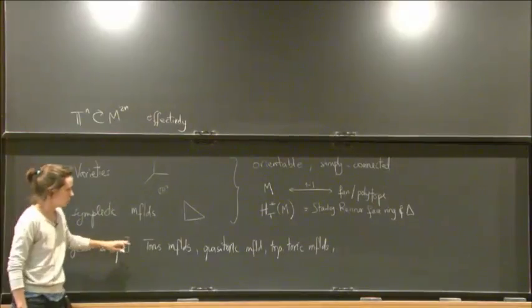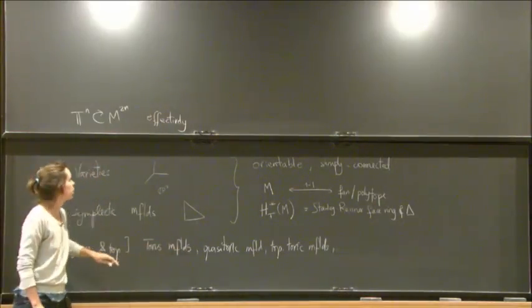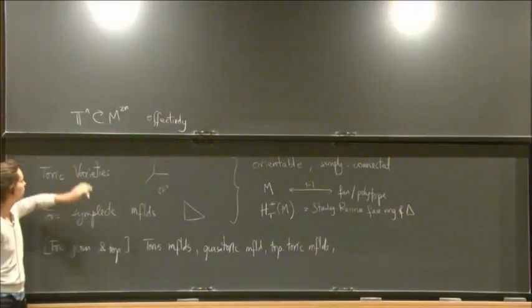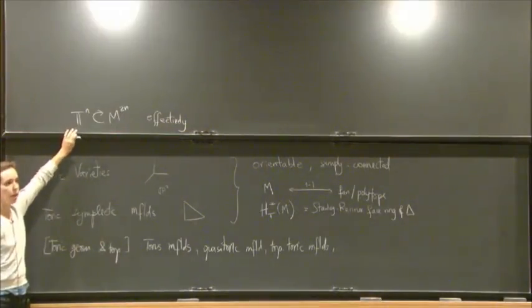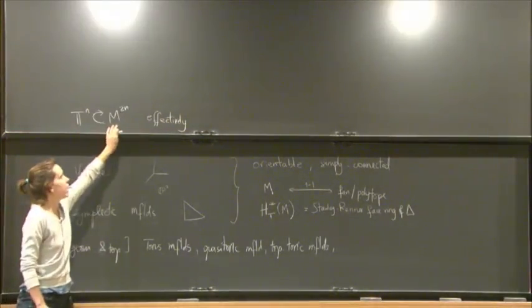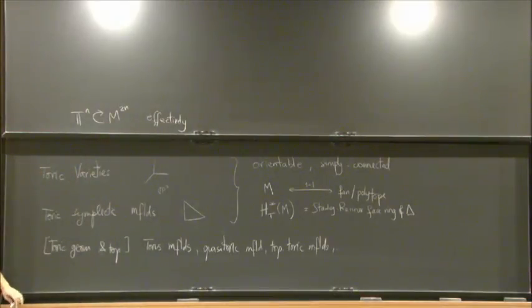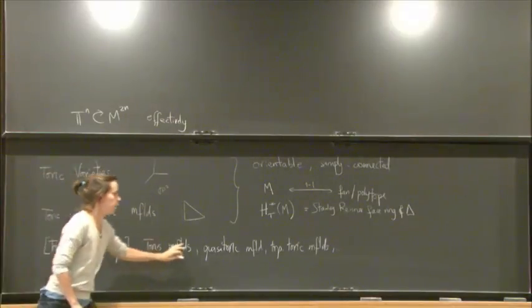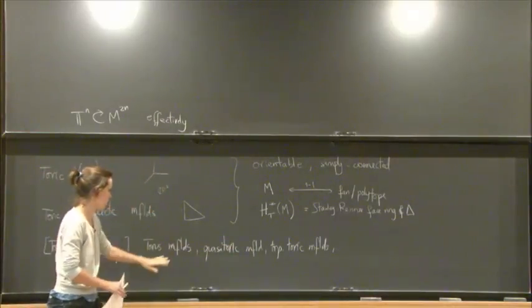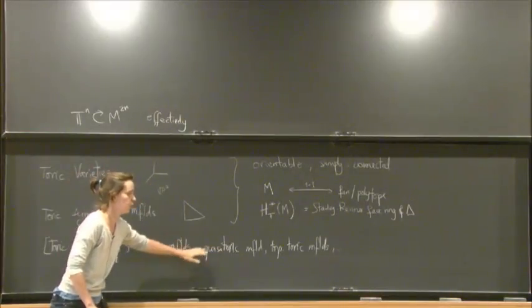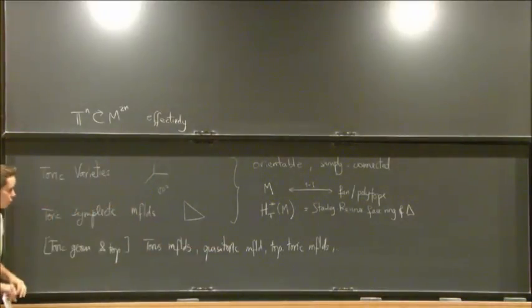And they're all slightly different from each other, but the idea behind it is that you always want to have a torus of half the dimension acting smoothly and effectively on a manifold. And then, right, there are some different flavors, and so these are actually all different. There are some things that are torus manifolds that are not quasi-toric, and so on and so forth.